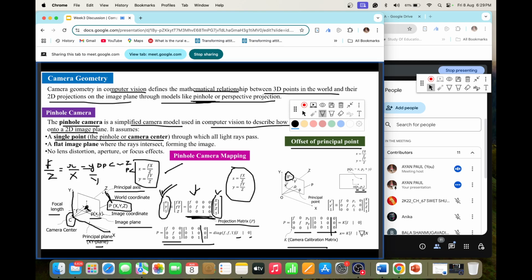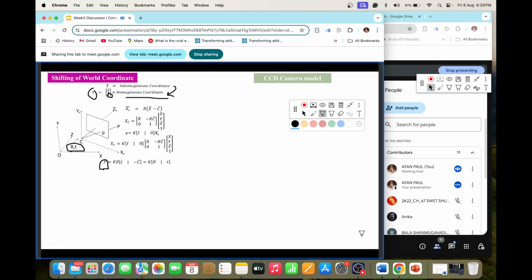So earlier this was our projection matrix, but now as we have given rotation as well as translation to it, our projection matrix will change. K, the camera calibration matrix, will remain the same, but this part will change.